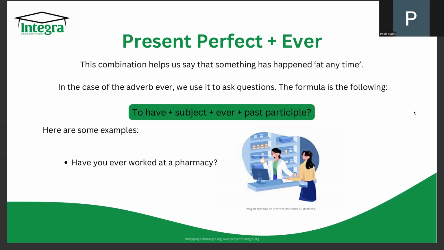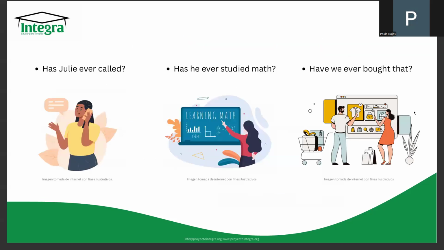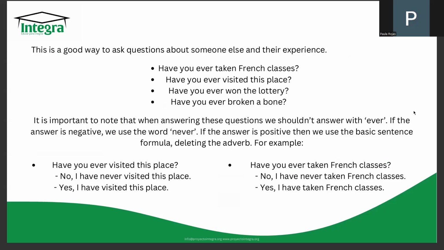Some examples are, for example, have you ever worked at a pharmacy? This is asking if you have at any time in your life worked at a pharmacy. Has Julie ever called? Has he ever studied math? Have we ever bought that? Okay. Why do we use this?